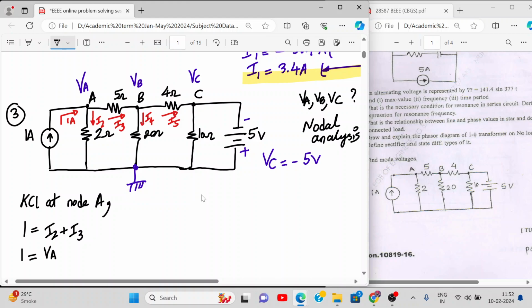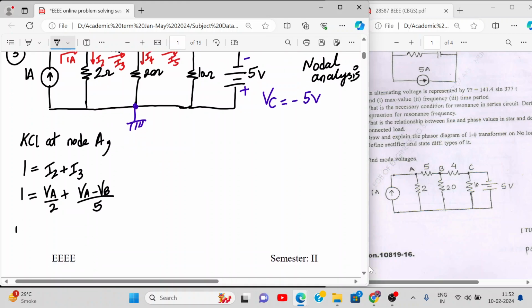So now tell me, what is I2? It is VA upon 2, right? And what is I3? I3 is VA minus VB upon 5. Alright, so you are getting these answers. So 1 upon 2 will be 0.5 VA, plus 0.2 VA, 1 upon 5, and minus 0.2 VB.